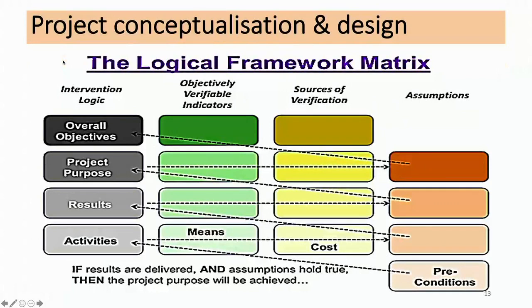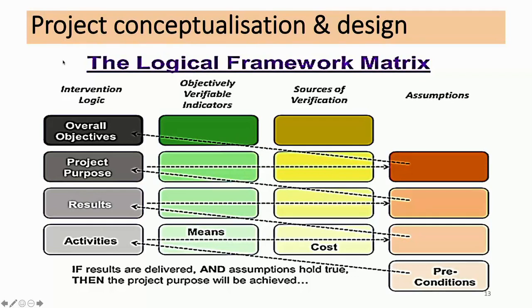If we look at the full logical framework, it's a 4-column, 5-row structure. If certain preconditions are met and we implement the activities, we start reading it from the bottom upwards.